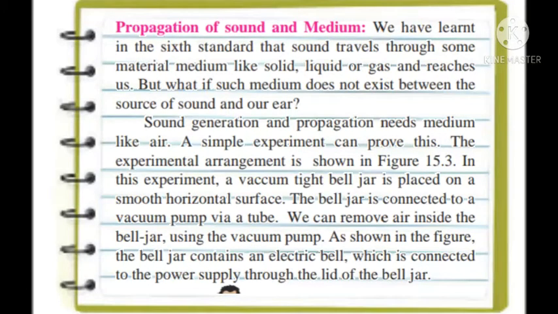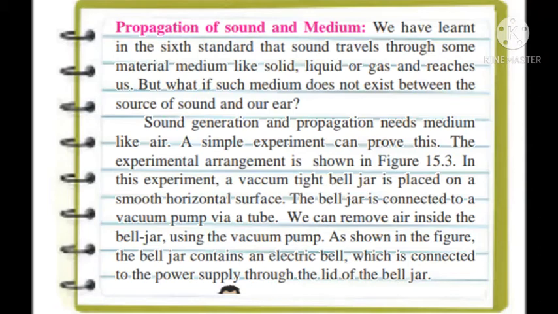See, we are not able to hear the sound if there is no medium. For example, in the space, we are not able to hear any sound because there is no medium, that is air, in the space. Sound generation and propagation needs medium like air.